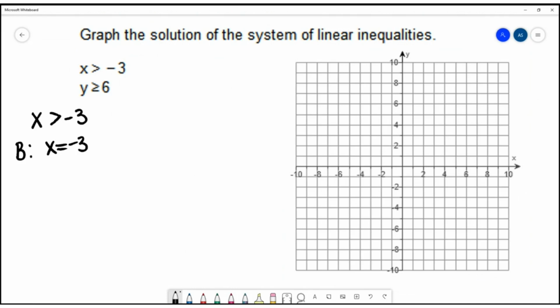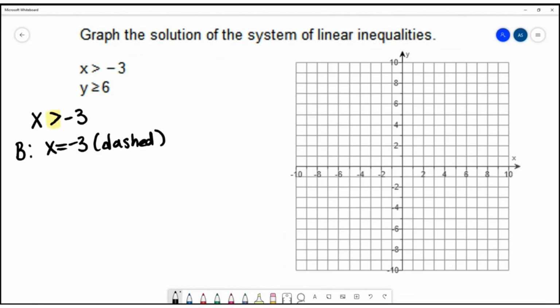The solid line means the boundary is included, and the dashed line means the boundary is not included. You can tell whether the boundary is included by looking at the inequality symbol. We have greater than. In that case, the boundary is not included, so we want to draw the boundary dashed.